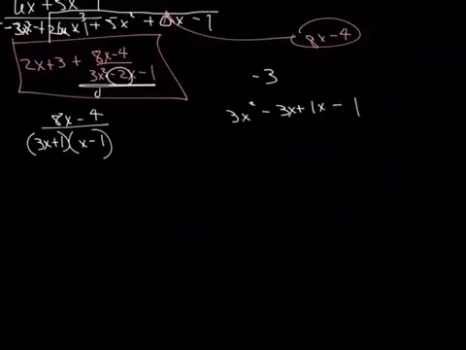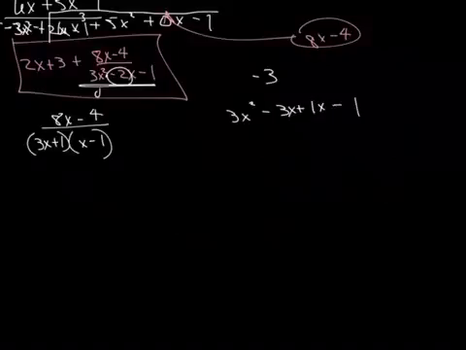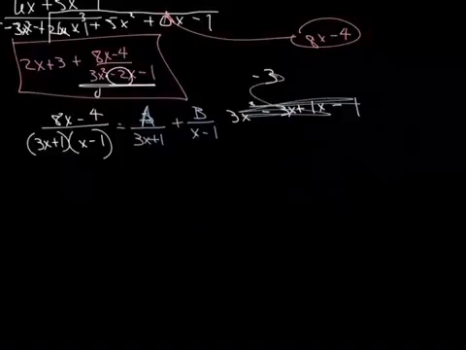So now we're going to decompose this fraction that we have here. That gives me A over 3x plus 1 plus B over x minus 1. And remember, find common denominators.